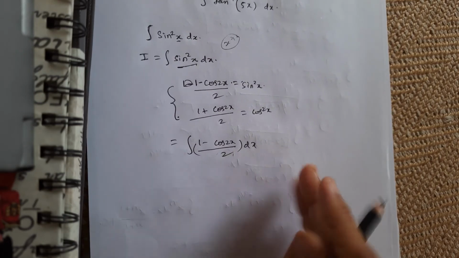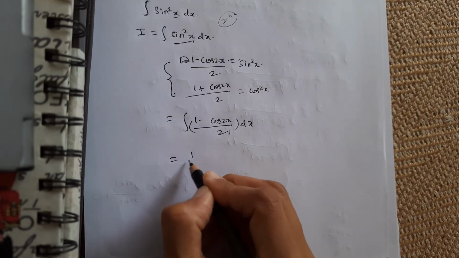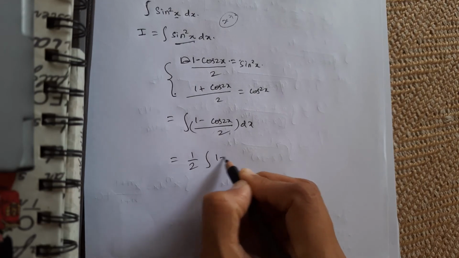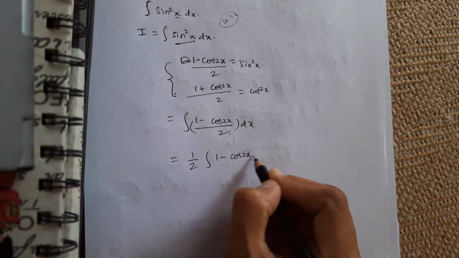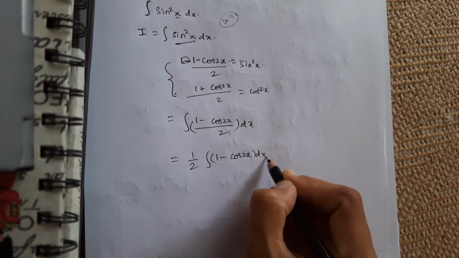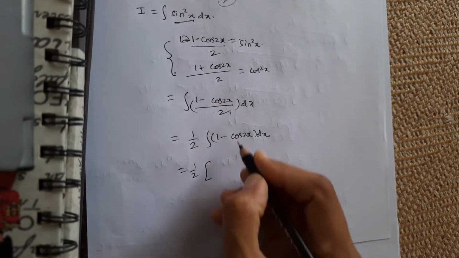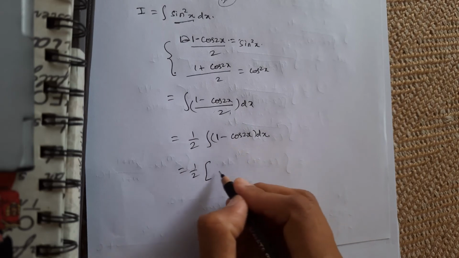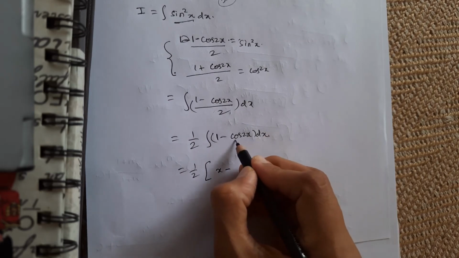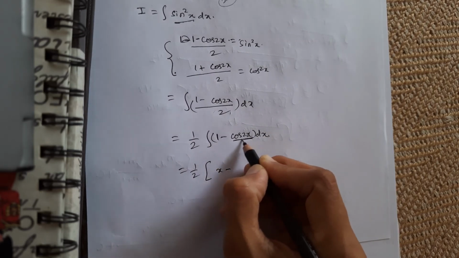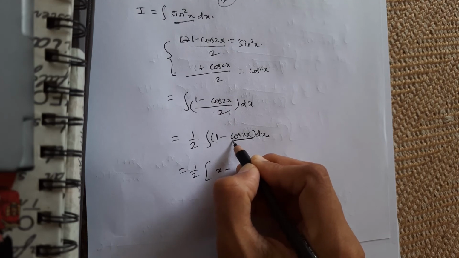So this 2 we can take out of the integral. So 1 by 2 integration of (1 minus cos 2x) dx. Okay, so this is 1 by 2 into, now integration of 1 is x, minus integration of cos 2x. This is a composite function. Now very carefully listen here.